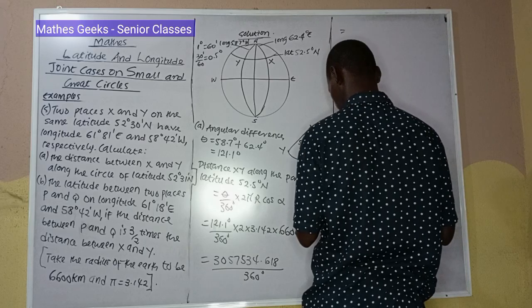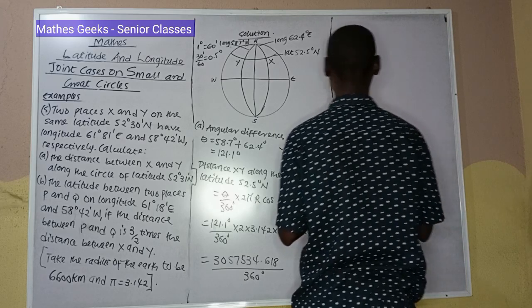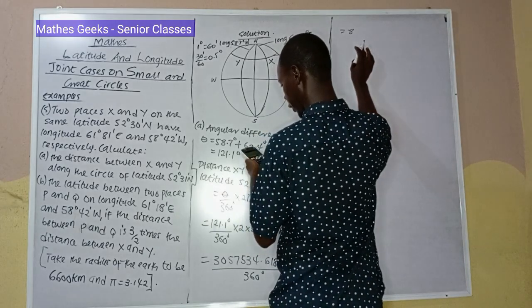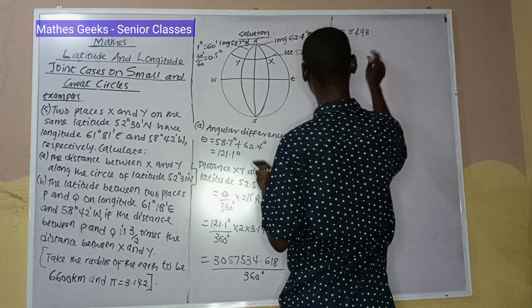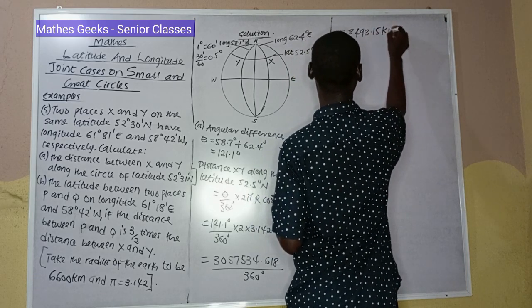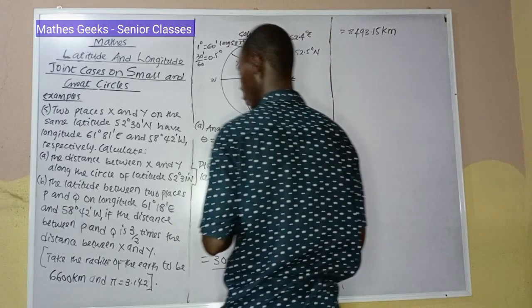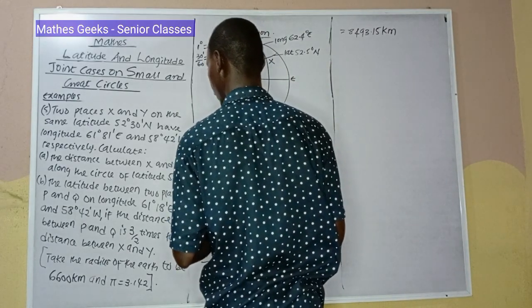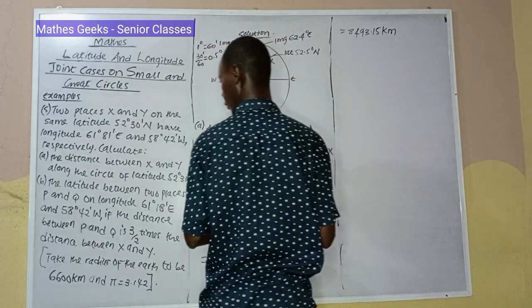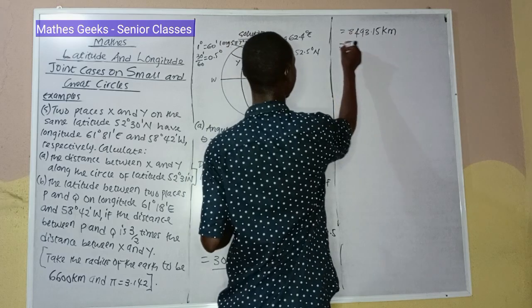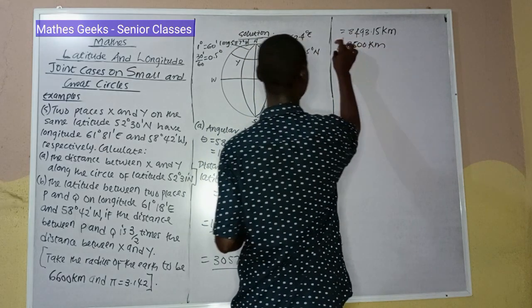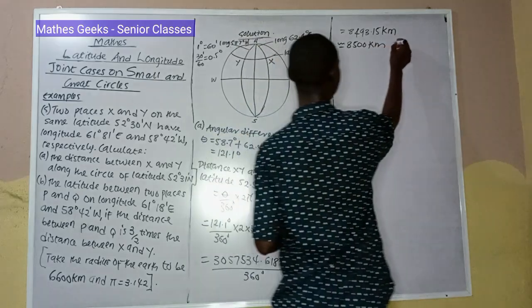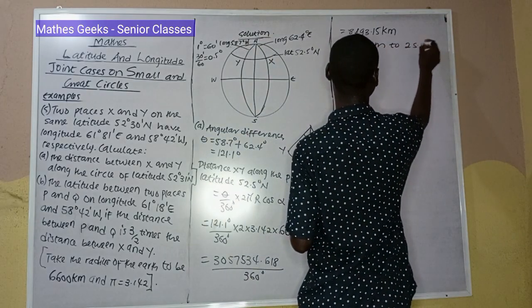So divided by 360, we get 8493.15 kilometers. So I'm going to correct the answer to two significant figures, at 8,500 kilometers approximately.